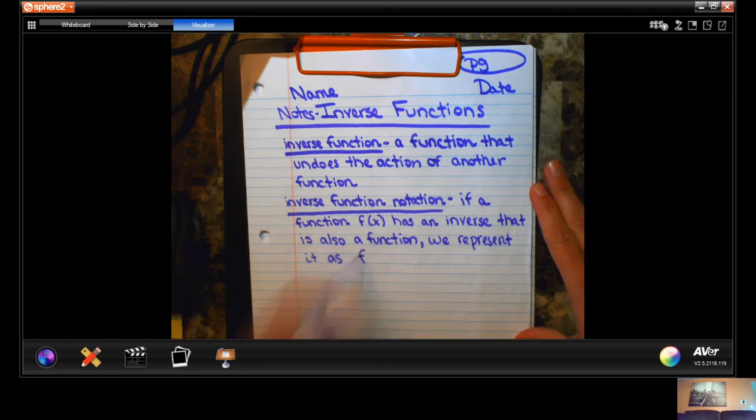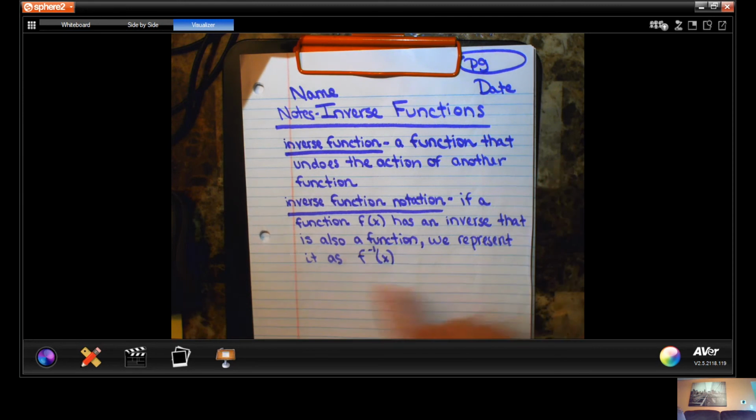You would have an f with an x, but you have this little tiny exponent of -1. If we had a graphing calculator, you'll notice sometimes it has that as well. These are called inverse functions. So this is the original function, f of x. When you see this, it means the inverse of f of x.